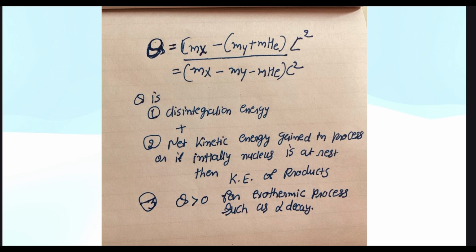So Q is the disintegration energy and the net kinetic energy gained in the process, or, if the initial nucleus is at rest, the kinetic energy of the products. So disintegration energy and net kinetic energy is a very important thing. And Q is greater than 0 for an exothermic process like alpha decay.